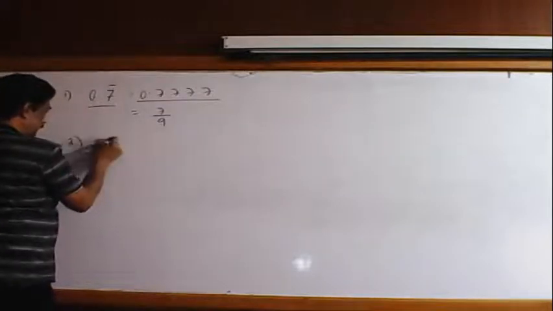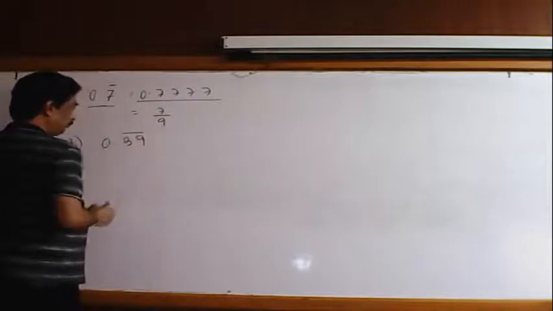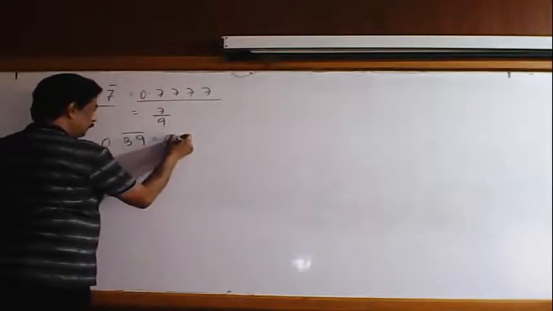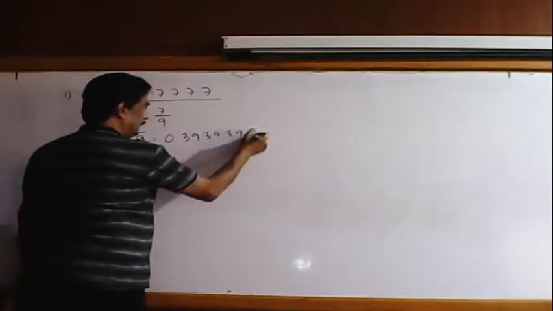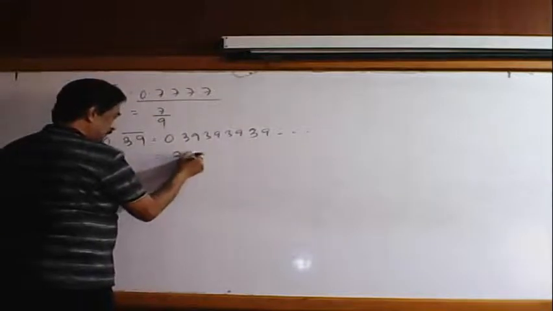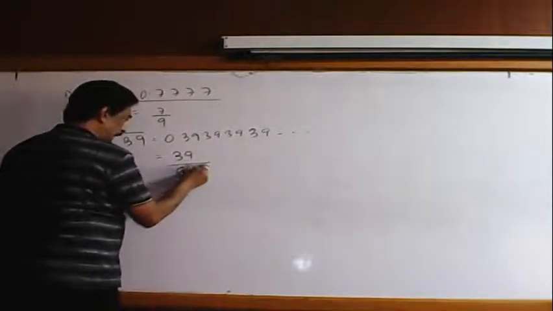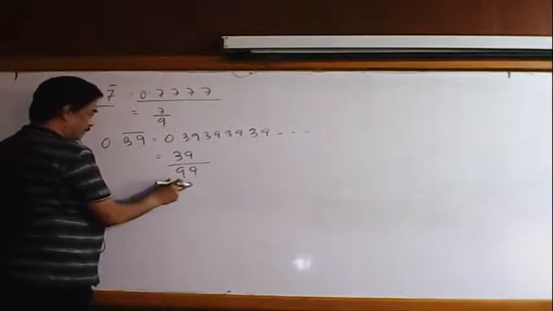If I say 0.39 recurring, it signifies 0.39, 39, 39, 39 and so on. We can write 39 by 99. For a 2-digit recurring part, I write 99.